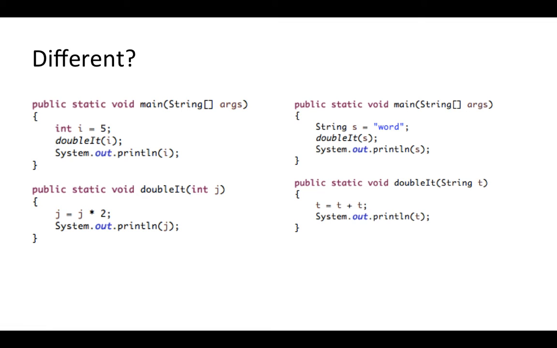This is going to be different than if you did string s as word and passed it to double it and concatenated it. And I would encourage you to try these 2 different scenarios and see what happens. Here's a spoiler alert. Strings, as we've been saying all year, are a little bit weird. They can be the exception to the rule, but it's worth trying these both out in Eclipse and seeing what happens. So I'll leave that up to you.